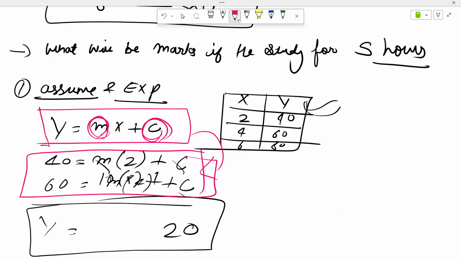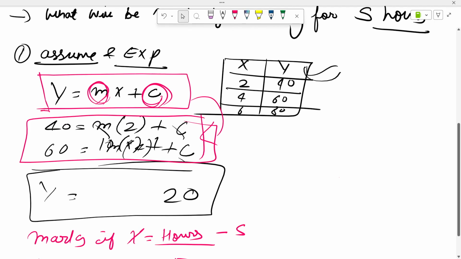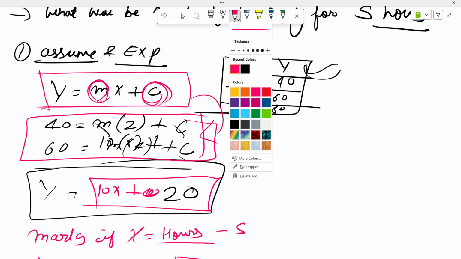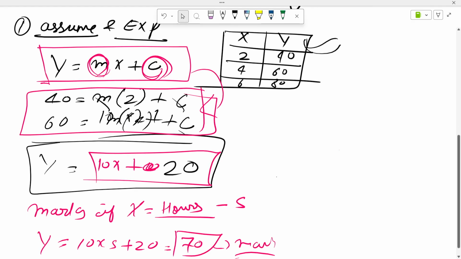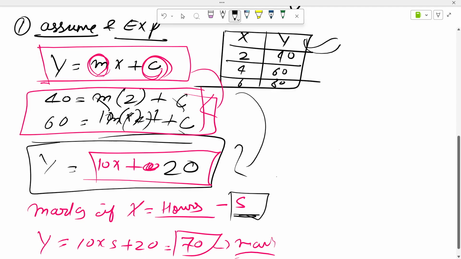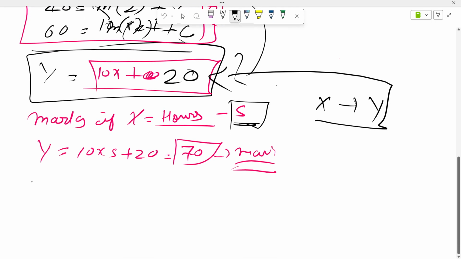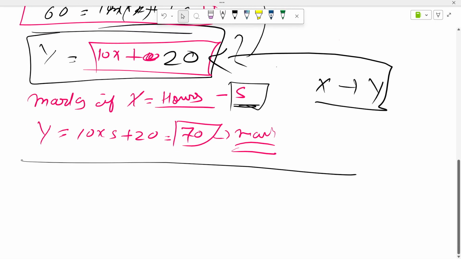I'm repeating, the correct values of m and c. Then you came up with the final equation, y equals 10x plus 20. So here the assumption is correct because your data is showing the correct answer. For any input x, you can get the output y with this equation. You first assume, and then you use the existing data to figure out the values of the variables.